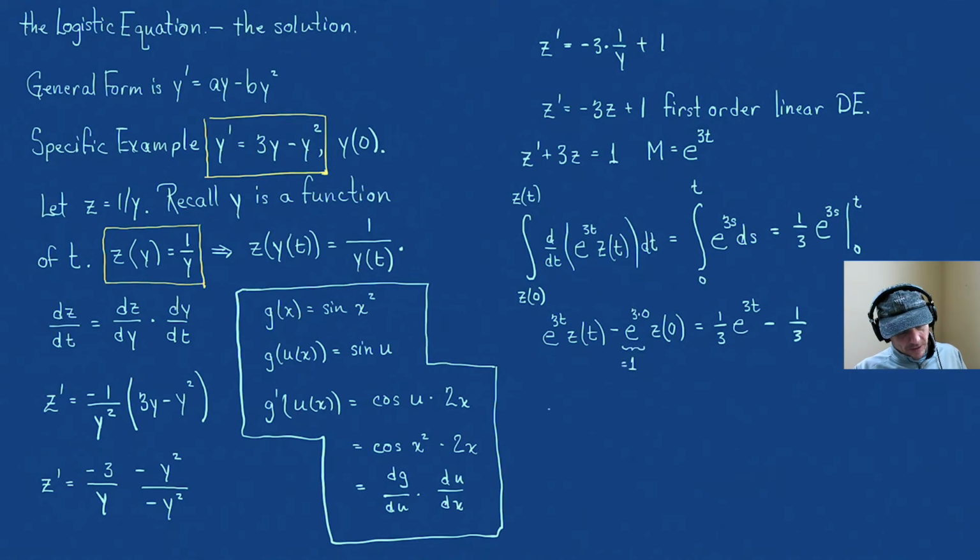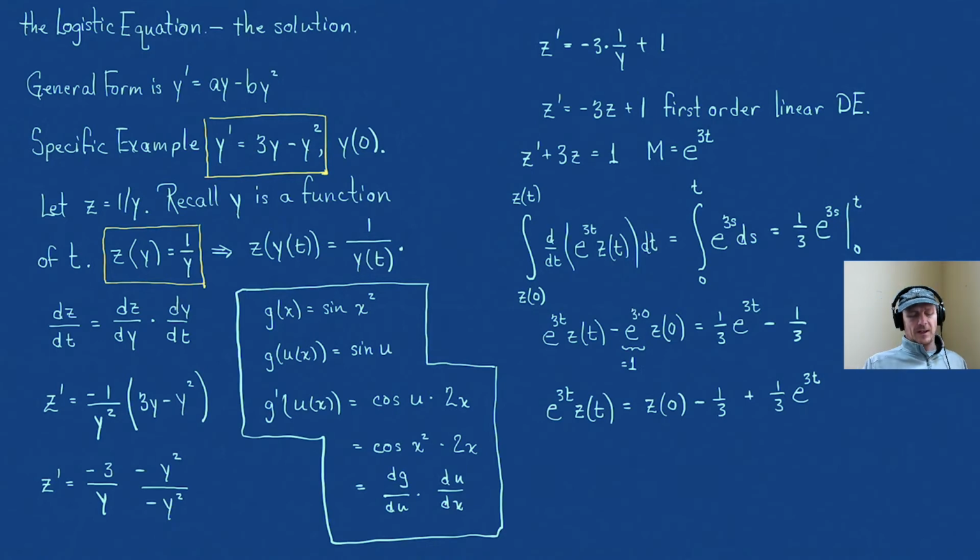So I can write this as e to the 3t times z of t is equal to z of 0 plus, let's do it this way, minus 1/3 plus 1/3 e to the 3t.